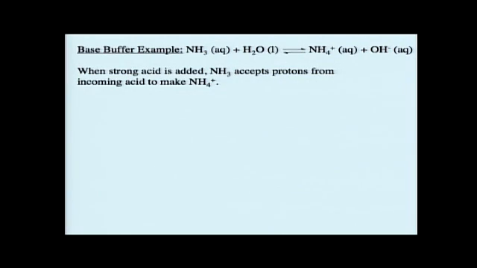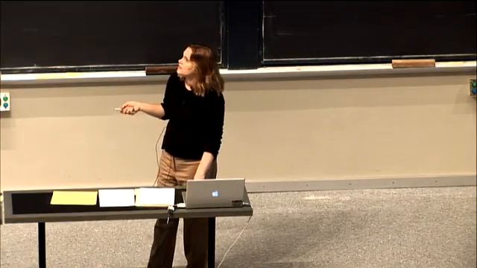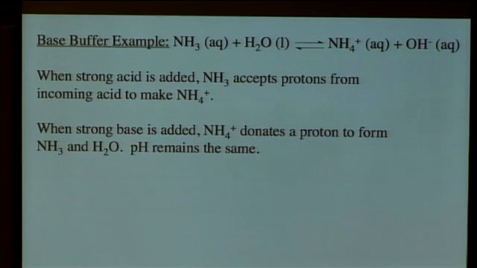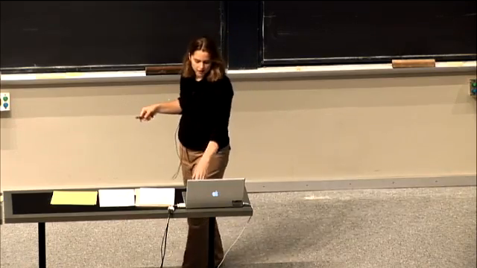Well, if a strong acid is added, then this base, NH3, can accept protons from the incoming acid and make more NH4+, thereby removing the strong acid from the solution and neutralizing the pH. If, on the other hand, a strong base is added, NH4+ or ammonium ions can donate the proton, forming its conjugate base and water, and again, the pH remains about the same. So the base and its conjugate acid can both react, neutralizing the pH.